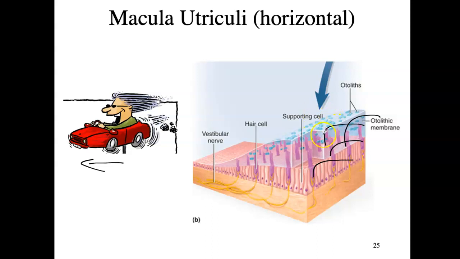So the pressure that they have, one is that they're in this gel-like structure. Do you see this sort of gelatinous stuff? And on top of that are these little rocks, otoliths. Otoliths are rocks. So you have rocks inside your ear, and it provides weight, so that when you accelerate in this direction, it's going to accentuate the bending of these little hairs backwards. Does that make sense?